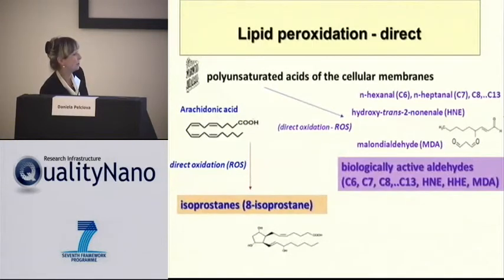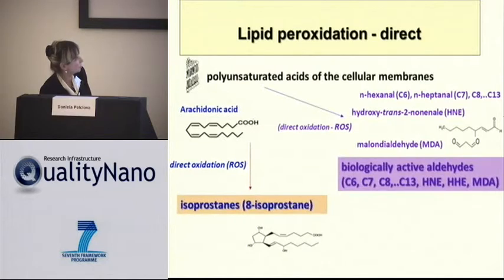Most frequently, we can see lipid oxidation in the direct way, from the acids of the cell membranes. An example is arachidonic acid. With the direct oxidation, 8-isoprostane is formed. That is a marker of oxidative stress.